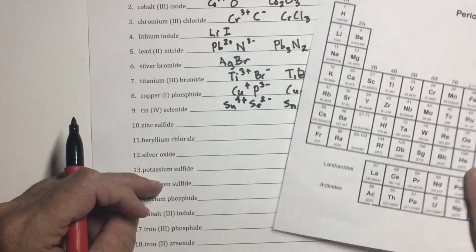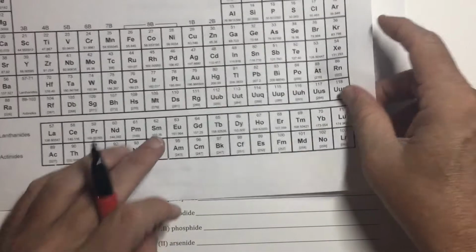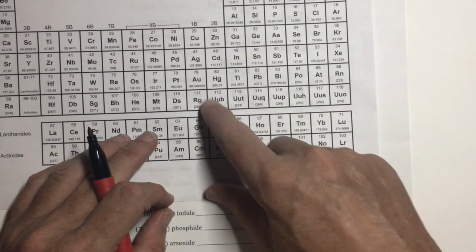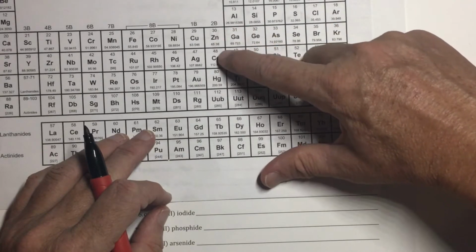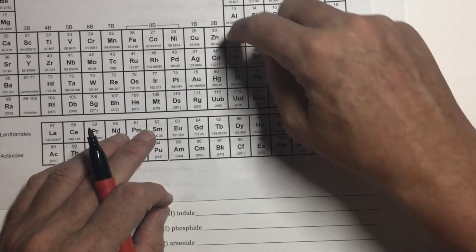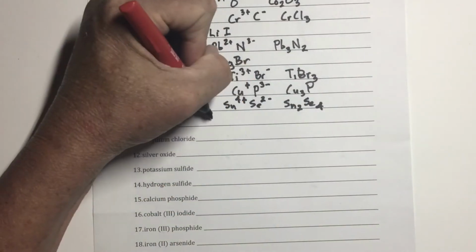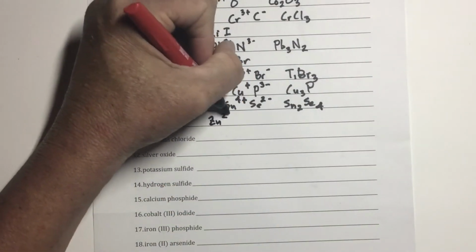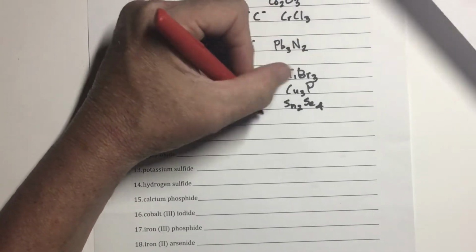All right, zinc sulfide. Although zinc is a transition metal, all these here in the 2B section, zinc, cadmium, mercury, they only form a +2 cation. So zinc is 2+, sulfide is 2-.